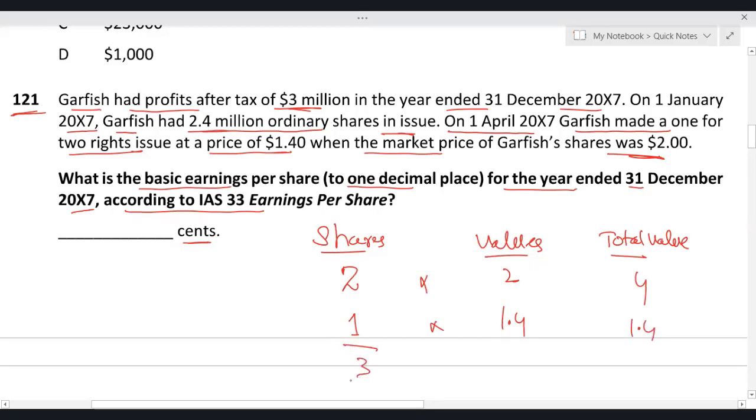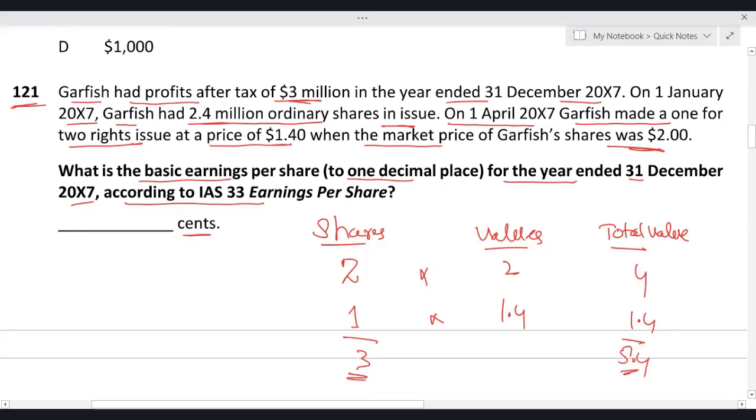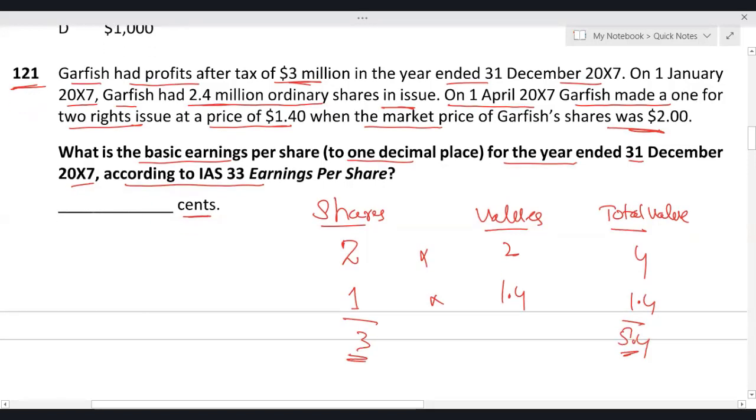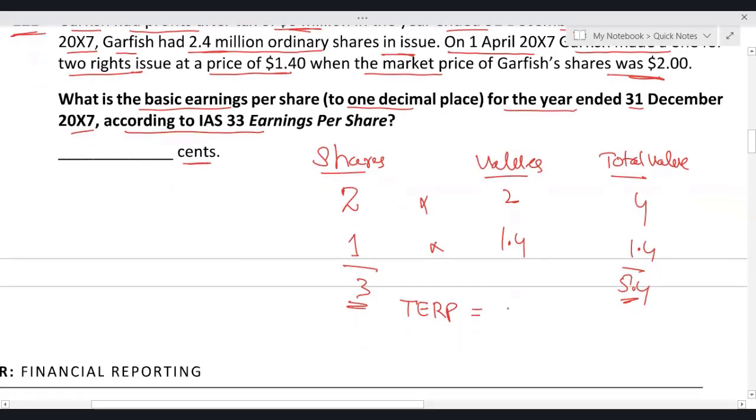So we can say that 3 shares have a total value of 5.4. If 3 shares have total value 5.4, we can calculate the value of 1 share, that is the theoretical ex-right price. Another name for the theoretical ex-right price is the share price after the right issue. So 5.4 divided by 3 gives us 1.8.